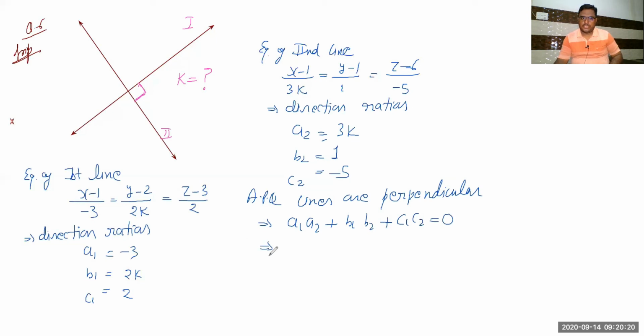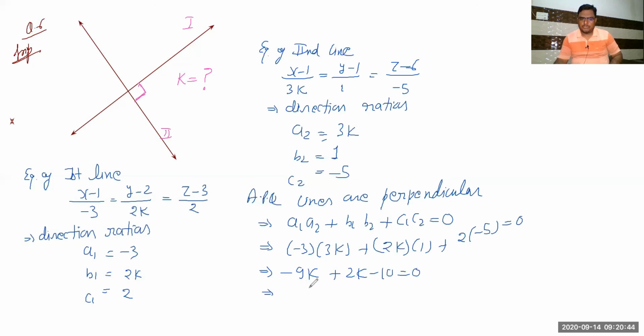Let us put values. a1 is minus 3, a2 is 3k, b1 is 2k and b2 is 1, c1 is 2 and c2 is minus 5, is equal to 0. It will be minus 9k plus 2k minus 10 equal to 0. Minus 9k plus 2k, it will give us minus 7k equal to 10. So this implies that k equals minus 10 upon 7. That's the answer. Now thank you for watching this video.